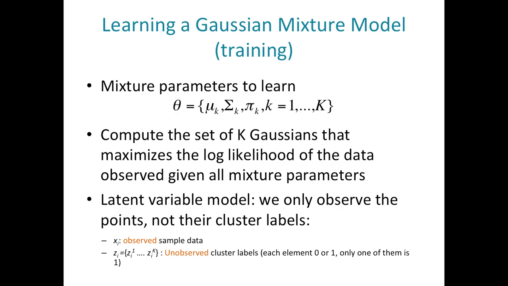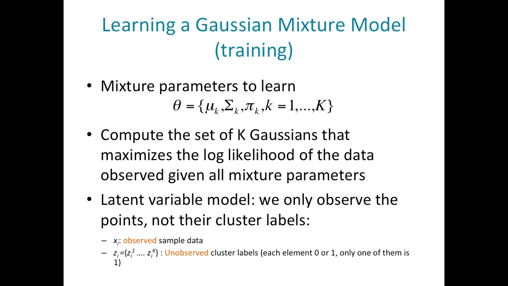So now, how do we learn the Gaussian mixture model? In other words, how is the training done when you are running a software package? We need to learn what we call the mixture parameters: what's the mean for each cluster, what's the covariance matrix for each cluster, and what's the mixture proportion for each cluster, assuming that we are considering k different clusters.